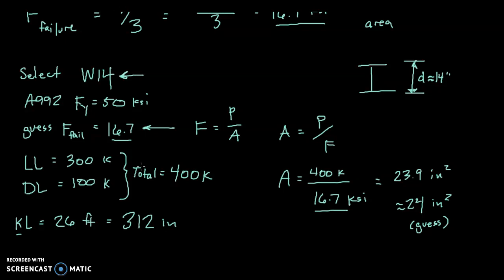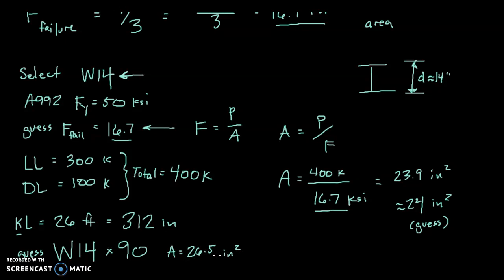Okay, so I pulled up the appendix, and I'm looking at Appendix A, and I'm looking at the section that has W14, and so I'm going to guess a W14 by 90. So what do I need to know about a W14 by 90? Well, its area is 26.5 square inches.